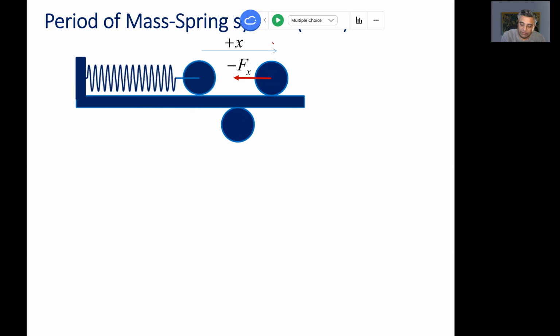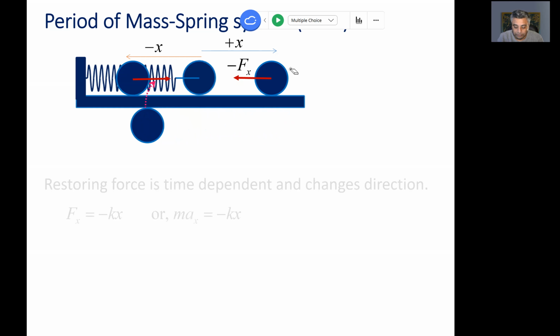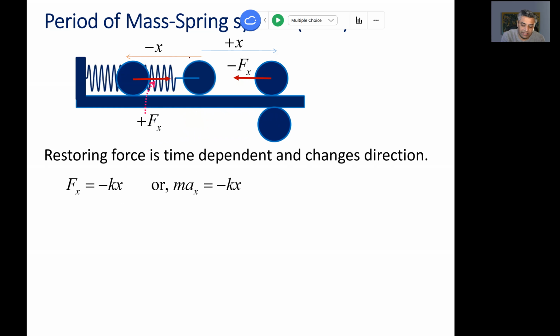When this is moving this way, as indicated by the arrow, the F is in the opposite direction. What happens here? When x is negative, force becomes positive. So they have opposite signs, I should say. So force is given by just Hooke's law.